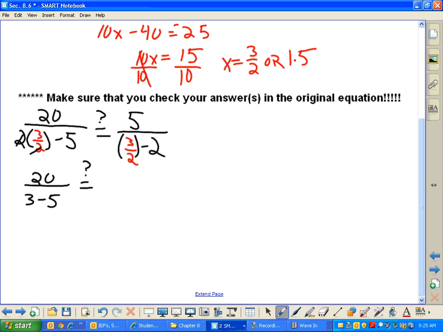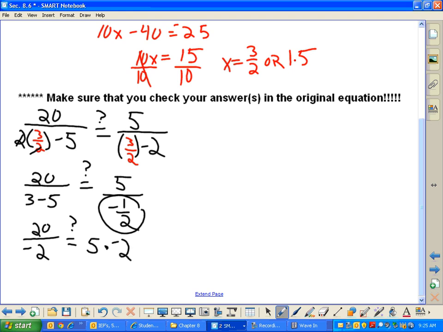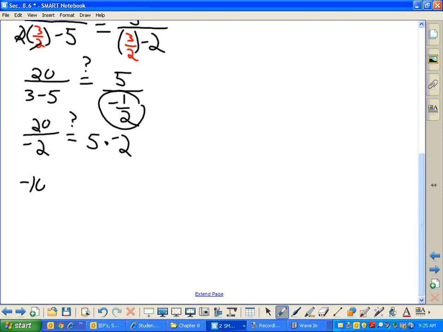And I'm trying to see if that is currently equal to 5 over negative 1/2. So this is going to be 20 over negative 2 on the left side. And I'm trying to see if that's going to be equal to 5 times, multiply by the reciprocal of the divisor, negative 2. Hey, how about it? Negative 10 is totally equal to negative 10. So that answer worked.